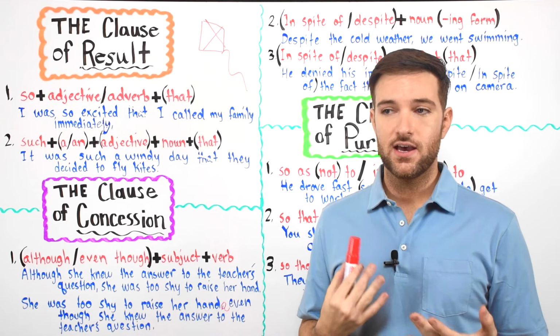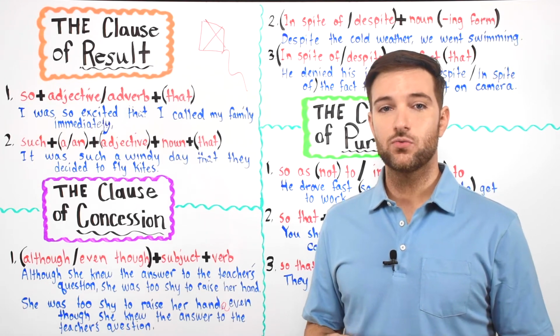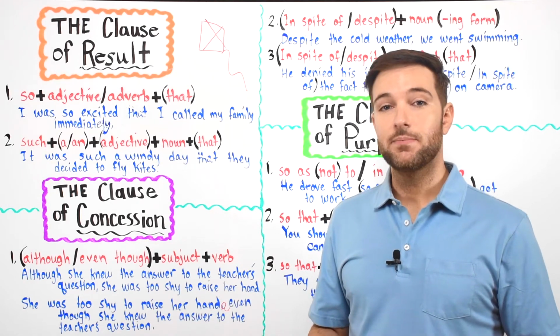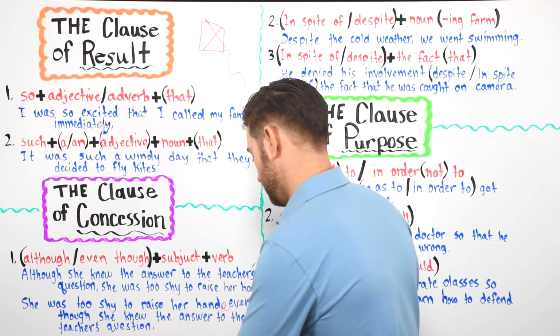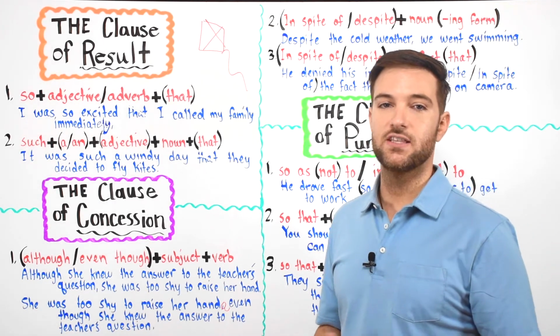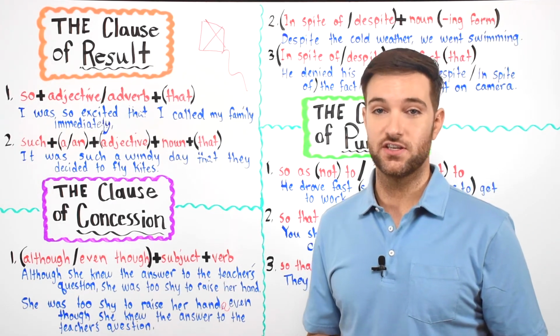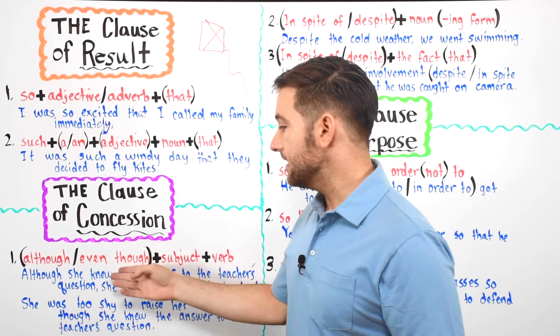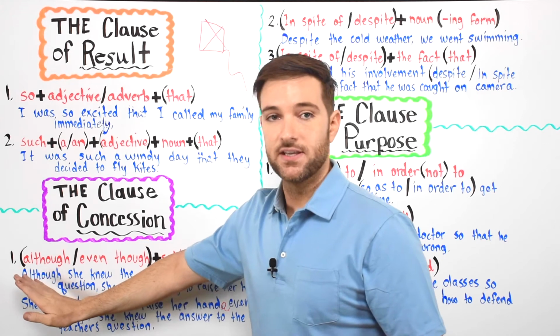Also, it seems to me that in America, we typically use the word even though, okay, when it's placed in the middle of a sentence, okay? We don't really use although, okay, in the middle of a sentence in informal conversations. But we do use although and even though in the beginning of a sentence.